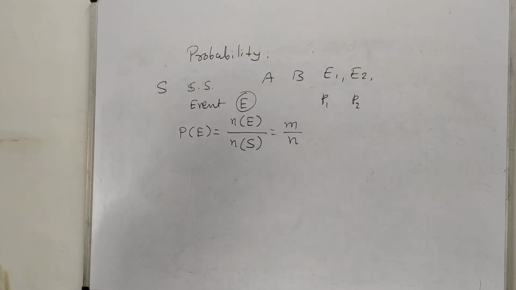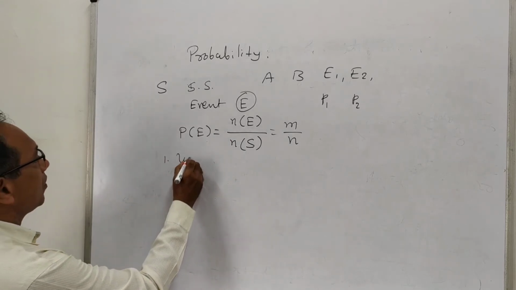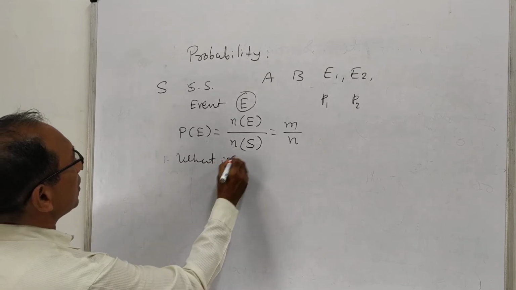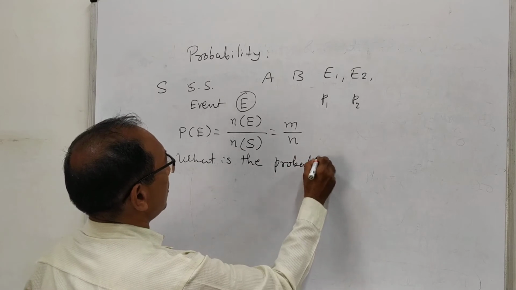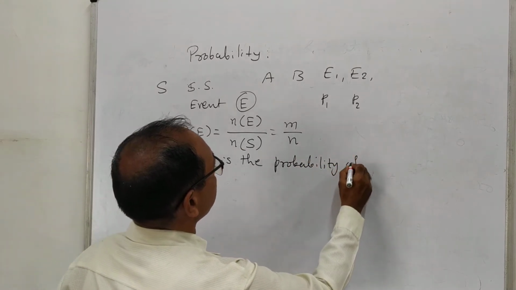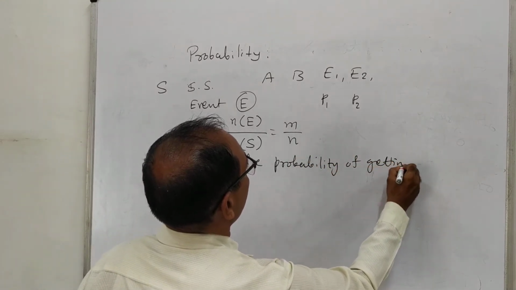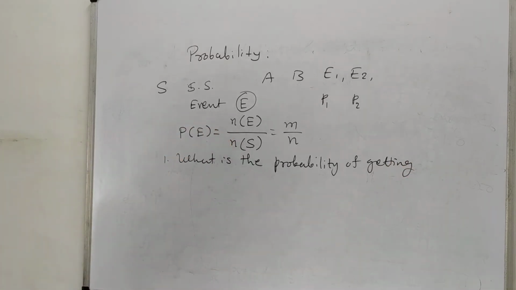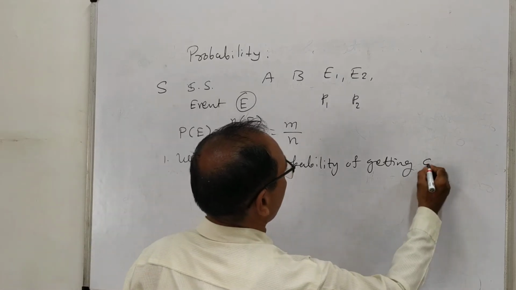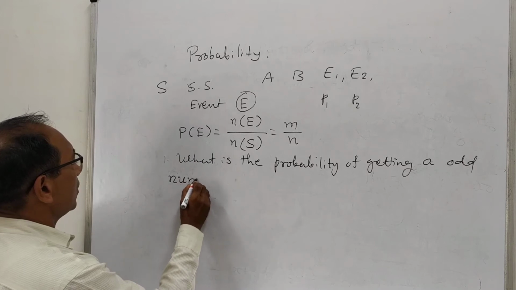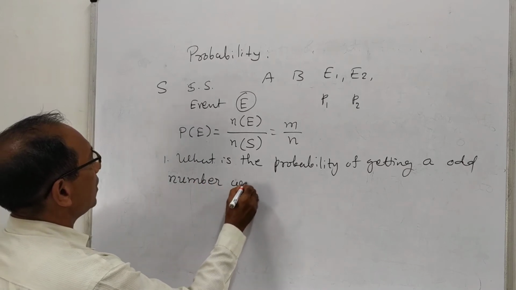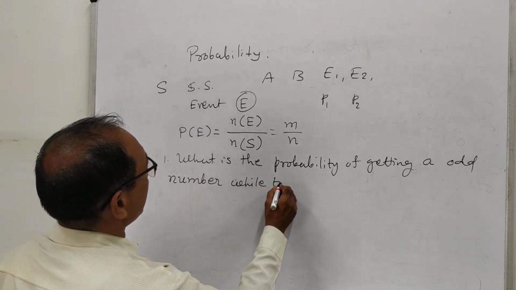One example is: what is the probability of getting an odd number while tossing a die?